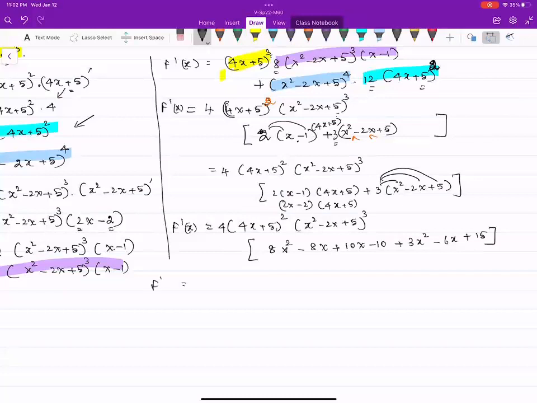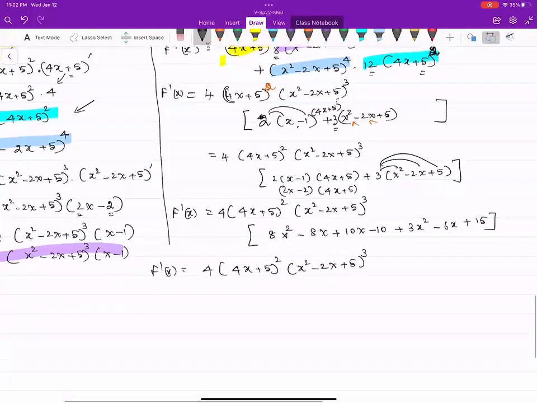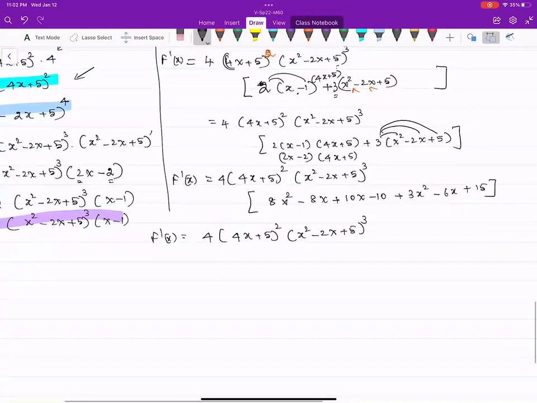So f prime x would be 4 times (4x plus 5) the whole square times (x squared minus 2x plus 5) the whole cube times (8x squared plus 3x squared, that will be 11x squared.